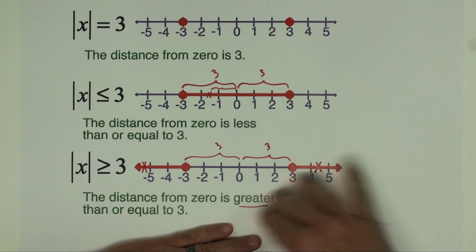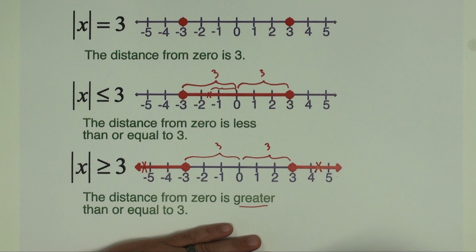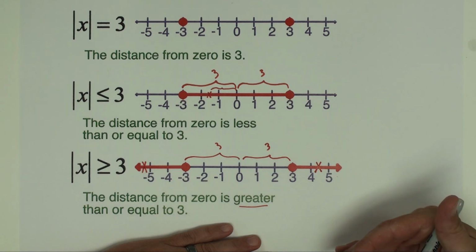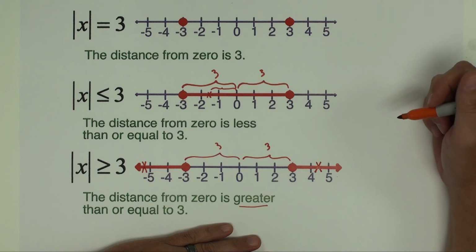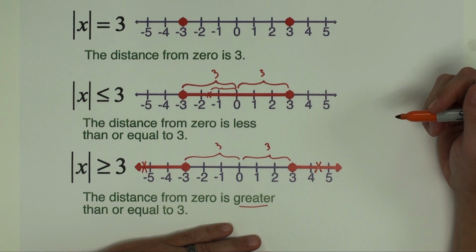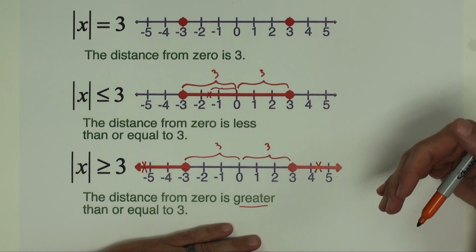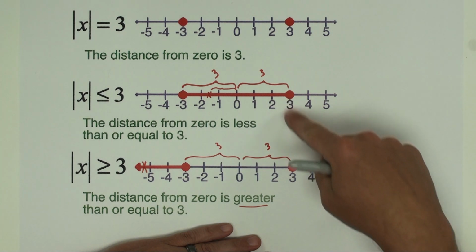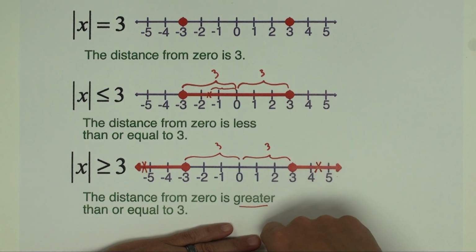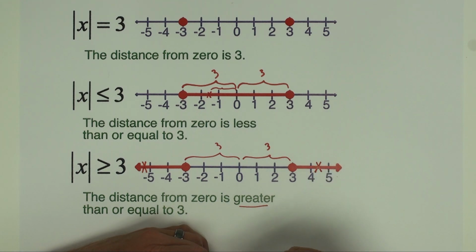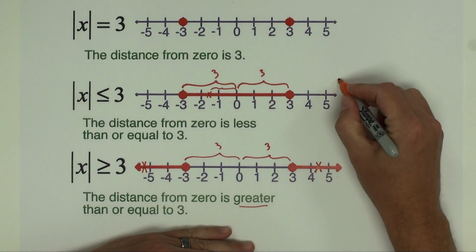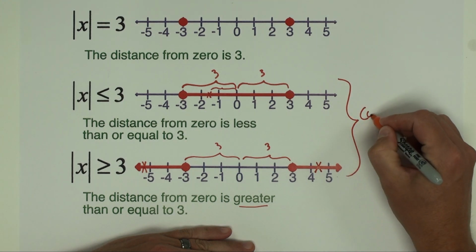Okay? Now, I show you this illustration to begin with because these number lines should look familiar to you. We have previously solved compound inequalities, and the number line solutions for compound inequalities look like these two number lines that we see here. So in fact, your absolute value inequalities are just compound inequalities.